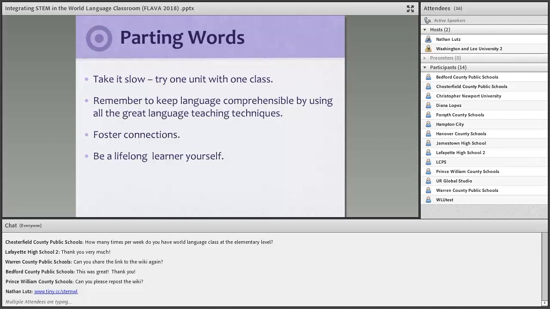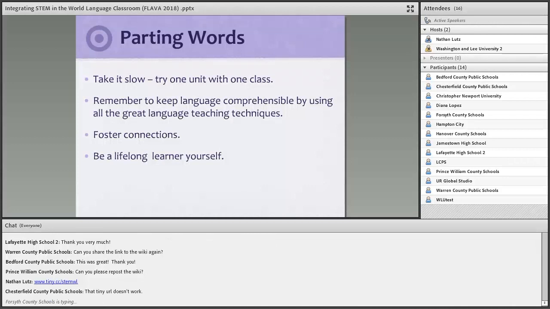What did you do right? What did you do wrong? What could you do better? One thing that I have done to my folly is really jump in and just try too much at one time. I think it's really important to take it slowly and try one class at a time.